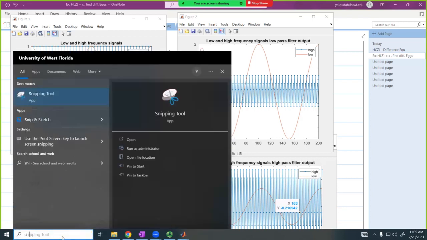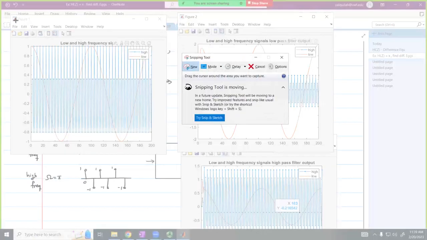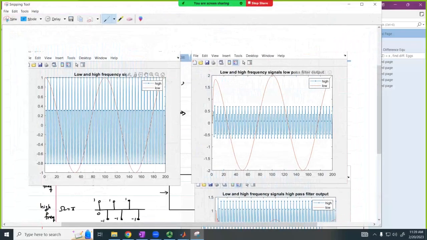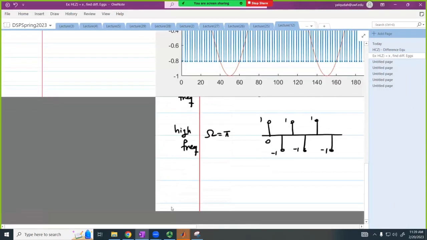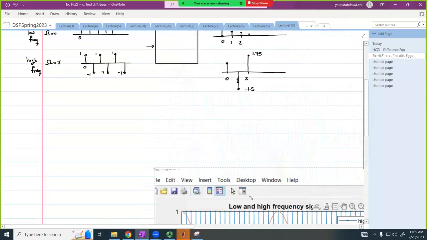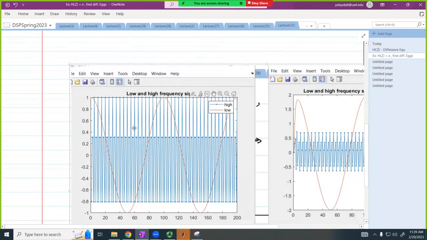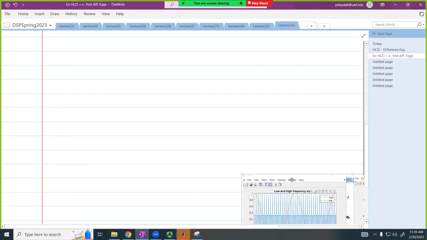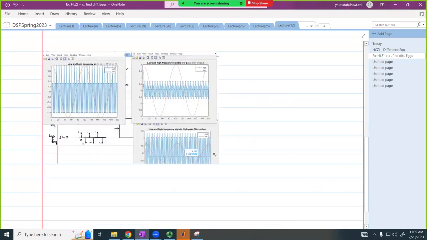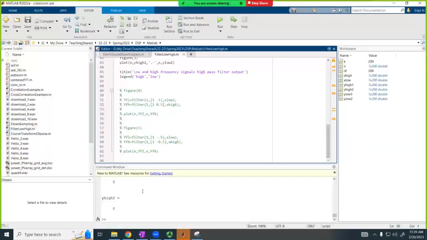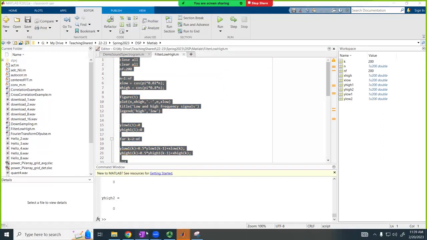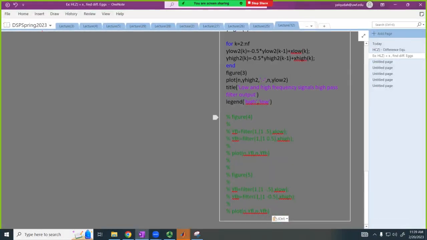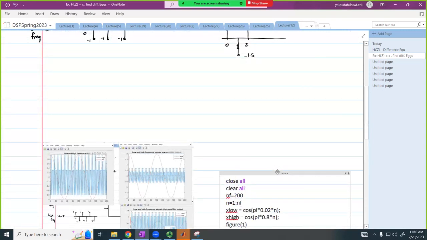Let me just snip this. I don't know if anybody is using MATLAB.